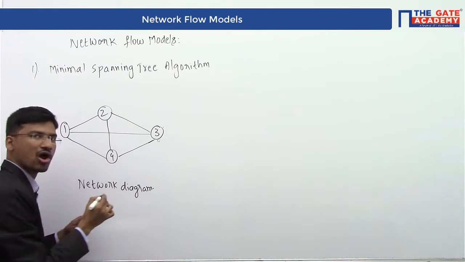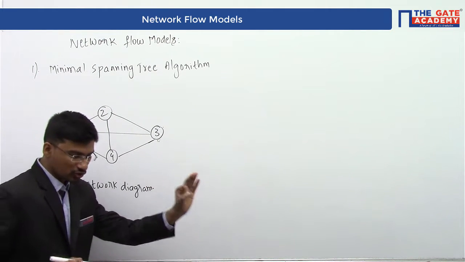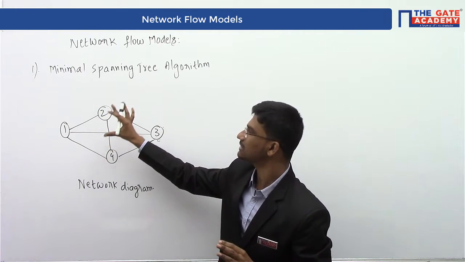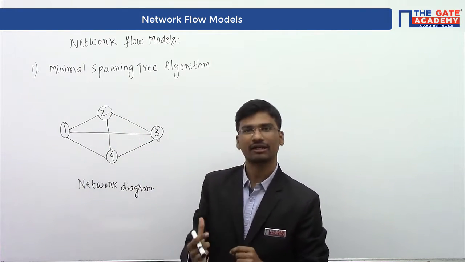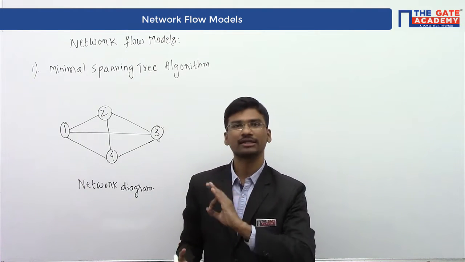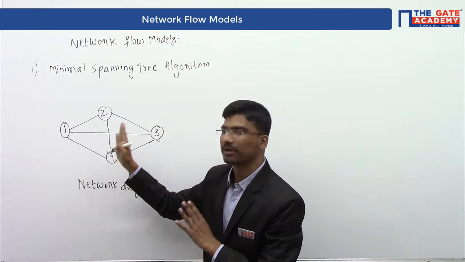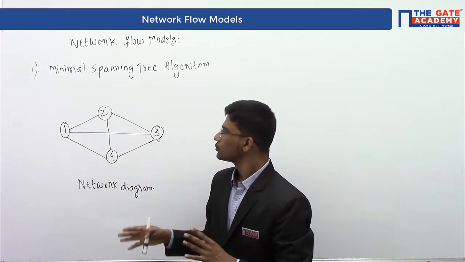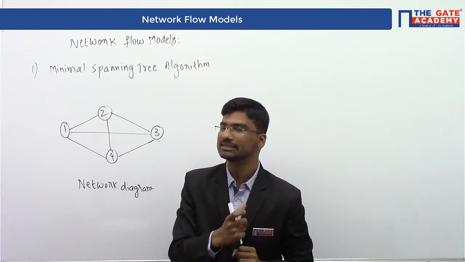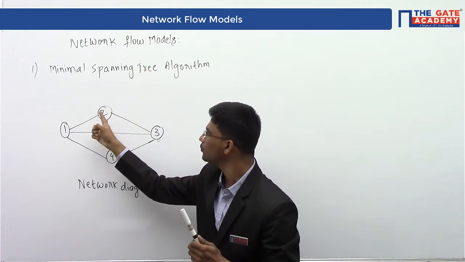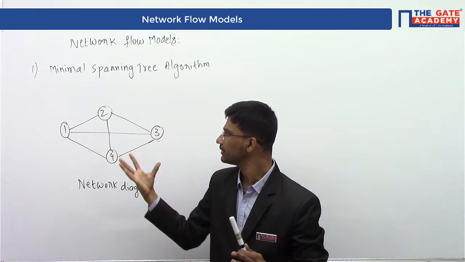A very small network diagram. The basic difference between the network diagram in this spanning tree algorithm and the network diagram we see in PERT and CPM is that there are no directions in this network diagram. Whenever we see network diagrams in PERT and CPM, we see arrow marks, from 1 to 2, 2 to 3, and so on.